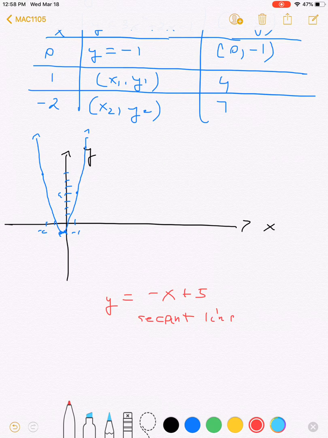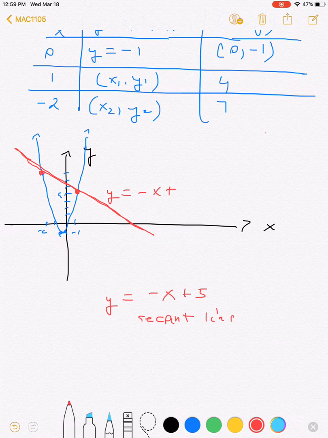So x1, y1 is 1, 4, which is right here. And x2, y2 is the point -2, 7, which is right here. So the red line will represent the equation of the secant line. Like you guys see, it's just the straight line given by the equation y equals -x plus 5.